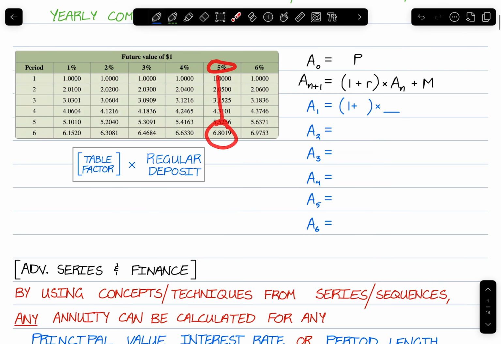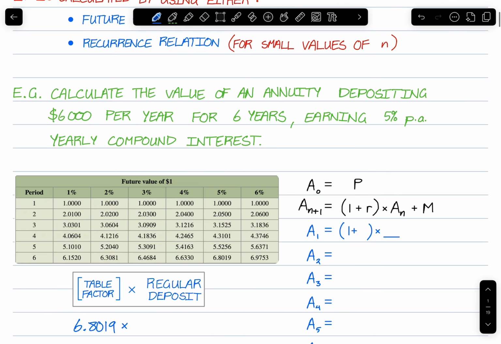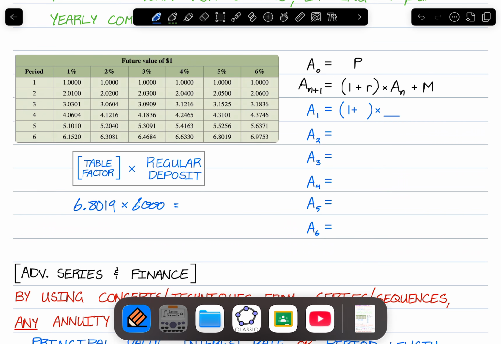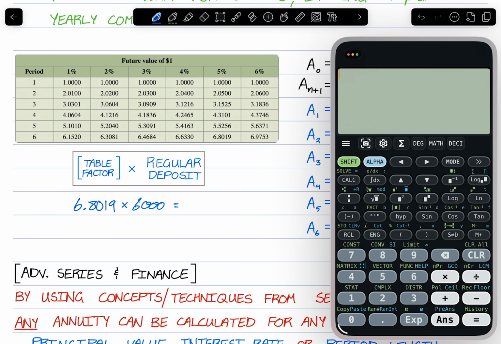We take that table factor, 6.8019, and multiply that by our regular deposit of 6,000. Putting 6.8019 times 6,000 into our calculator gives us $40,811.40.